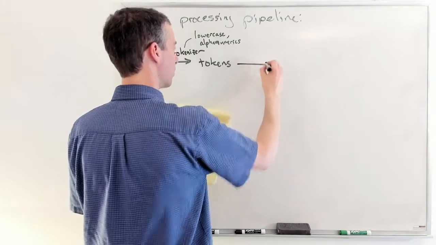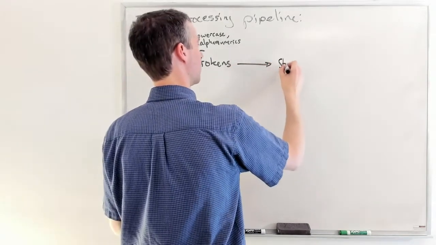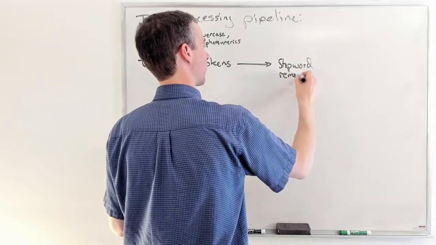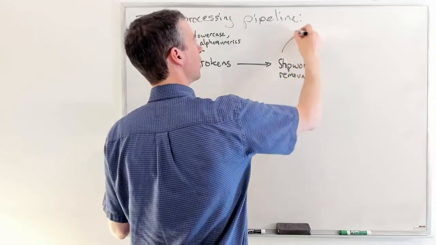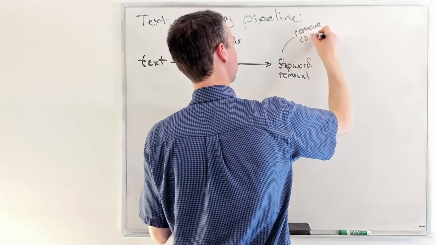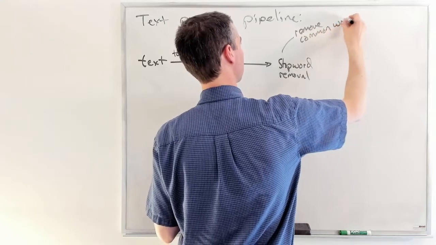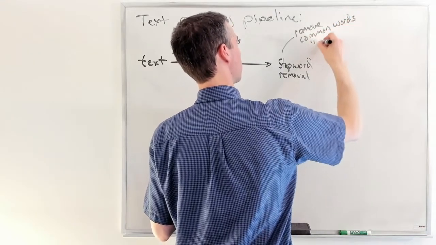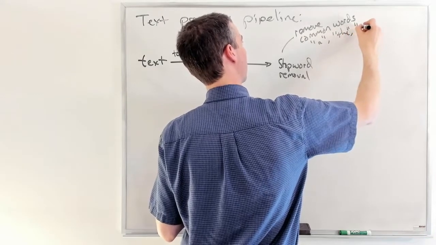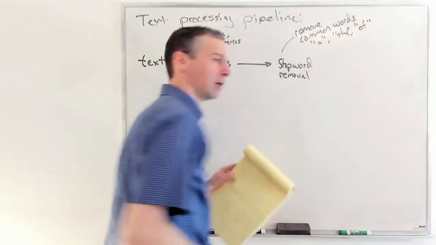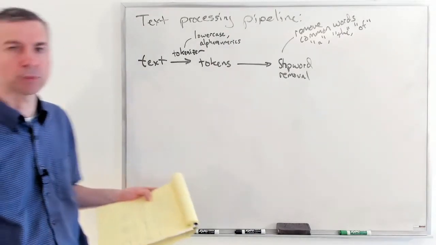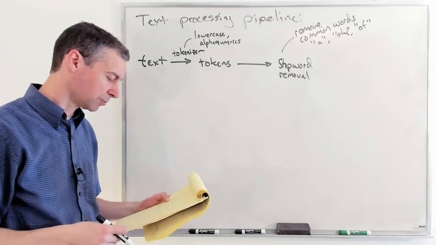Then you can go to a process known as stopword removal. The idea of stopword removal is to remove common words such as a, the, and of, etc. There might be several hundred of these that are typically removed.